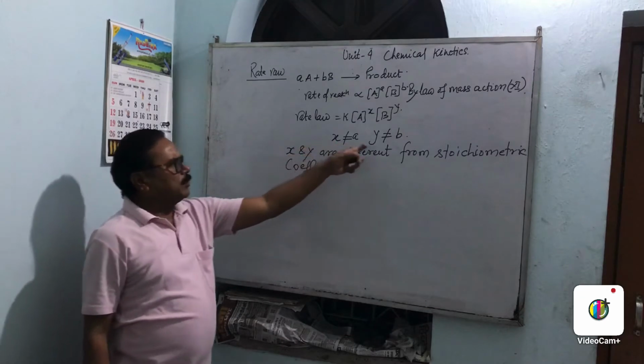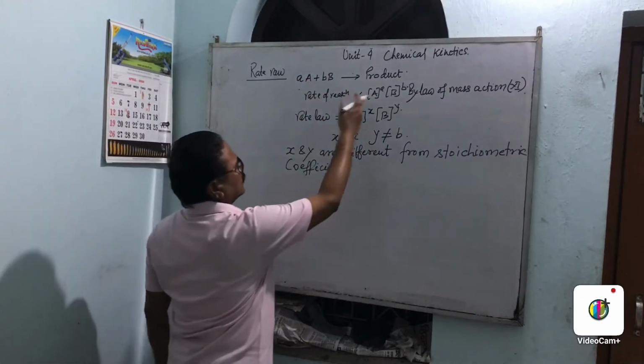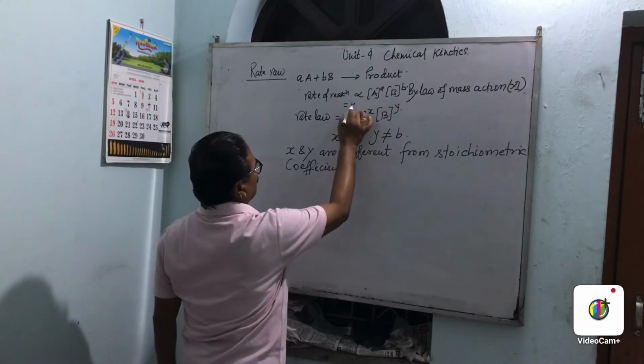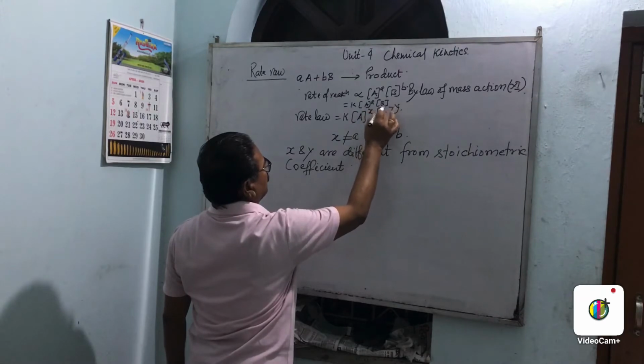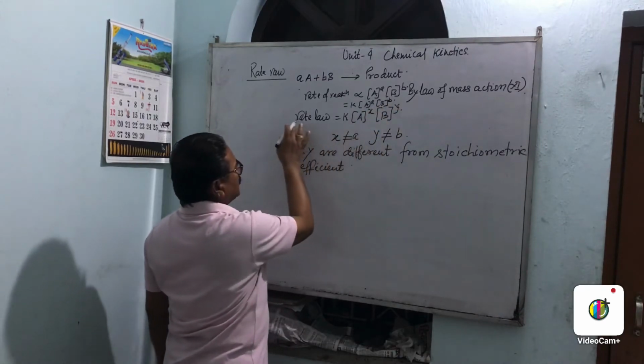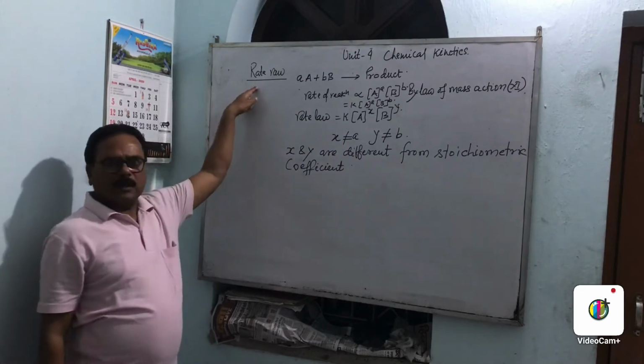So they may or may not be equal. If we write the rate using k, with a and a, and b and b, then this is the rate law, and we have to discuss the rate law here.